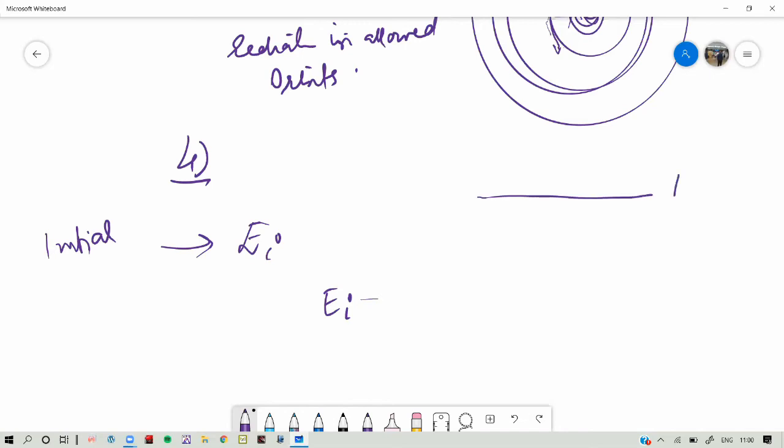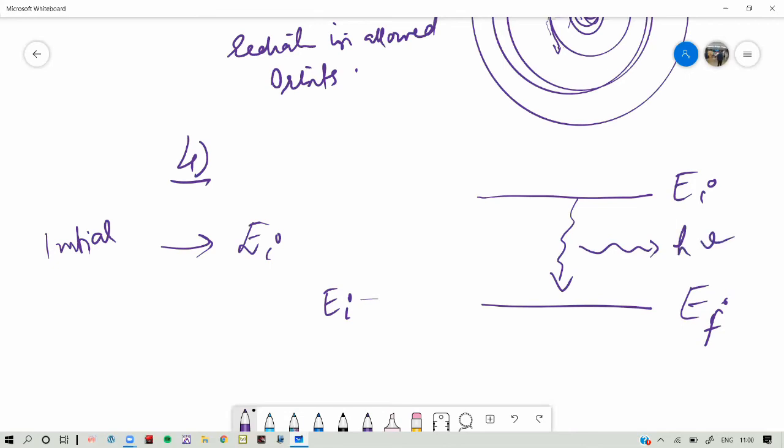If this is EI and it moves to EF, it will emit electromagnetic radiation, h nu. So from the fourth postulate, we understand that there is emission of electromagnetic radiation, or a photon, when there is a transition from the higher energy state to the lower energy state. That higher energy state is the initial state. Emission will only take place when it makes a transition from a higher energy state to a lower one.